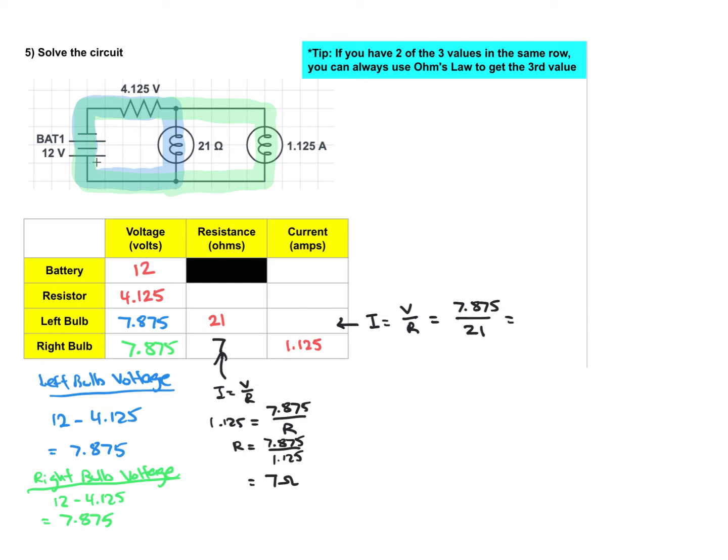You get that in the calculator. That gives me 0.375 amps. Okay, so I have 3 blanks left. Where do I go from here?